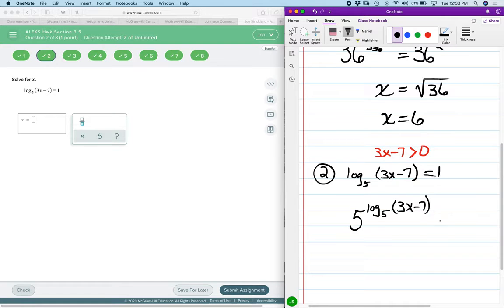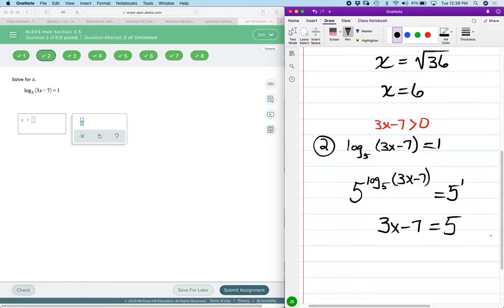So we have 5 to the base 5 logarithm of the quantity 3x minus 7 is equal to 5 to the first. On the left-hand side, 5 to the base 5 logarithm of the quantity 3x minus 7 will go to 3x minus 7. 5 to the first is equal to 5. And here we have a two-step linear equation. Upon adding 7 to both sides, we have that 3x is equal to 12.